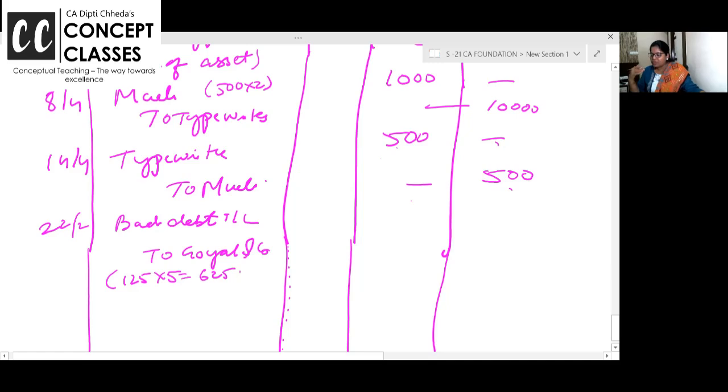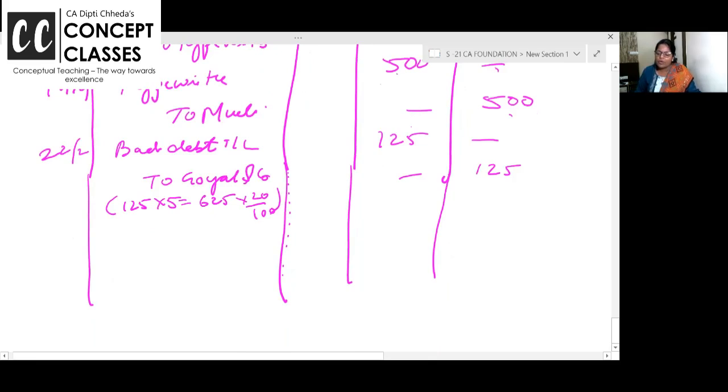So when I sold the goods, I must have passed the entry. You must be saying, ma'am, where is that entry? Then Goyal and Co debit to sales is recorded in the sales book because it's a credit sale. But now bad debt is 20% of this. So that is 125. Put it in expenses and credit Goyal.